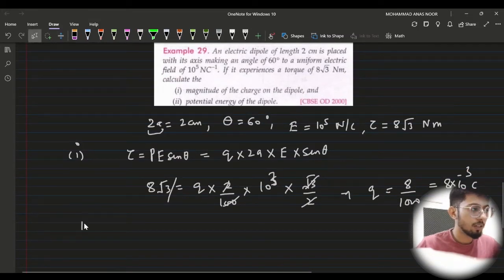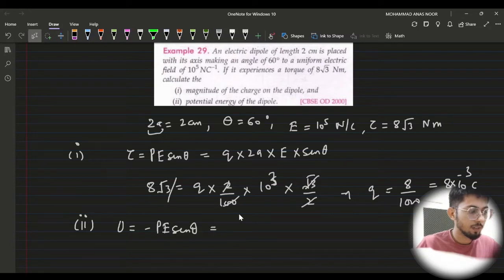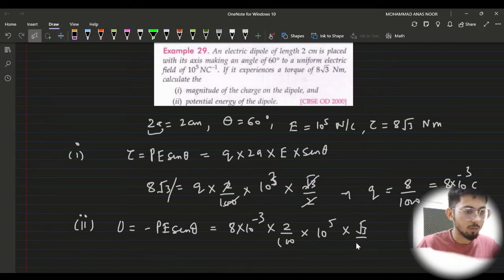Second part is the potential energy of the dipole. U is minus P dot E, which is minus P E cos theta. P is Q into 2A. So Q into 2A is 2 by 100, into E is 10 to the power 5, into cos 60, which is 1 by 2.